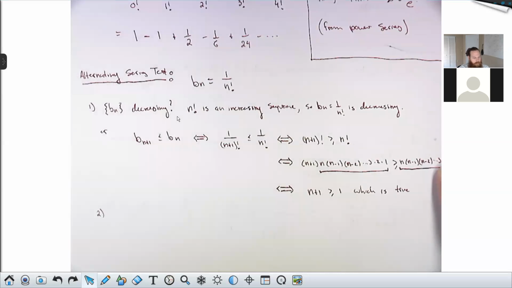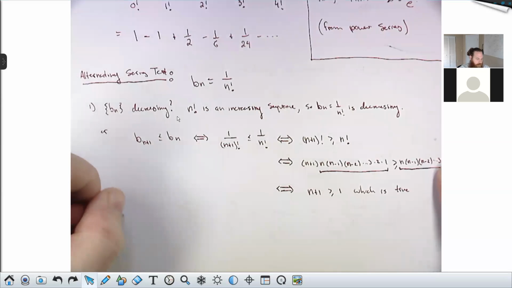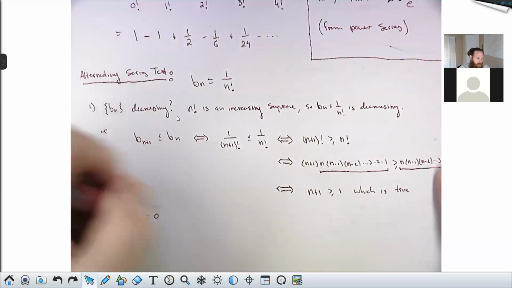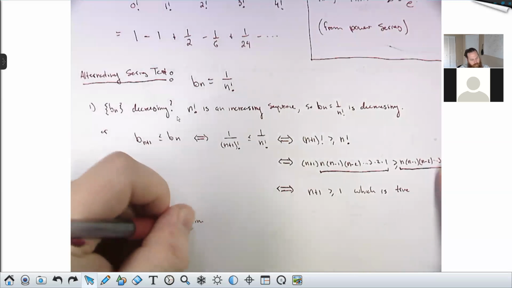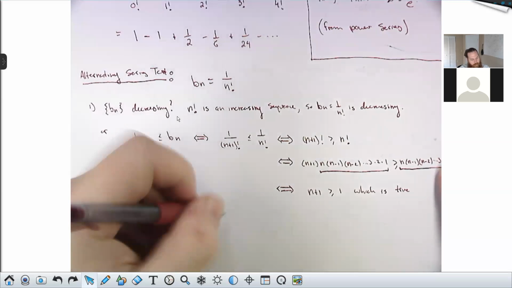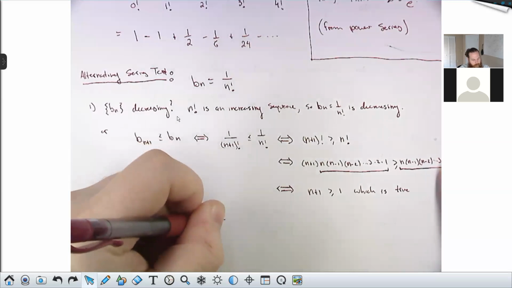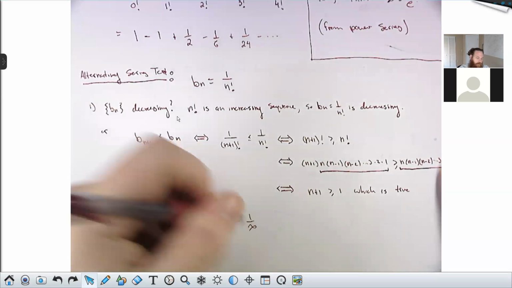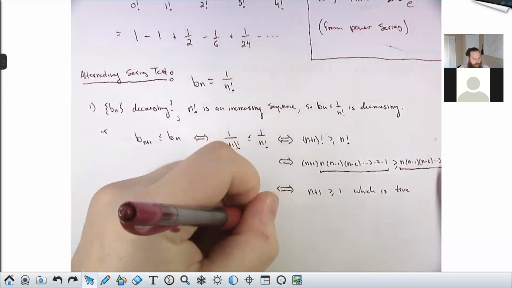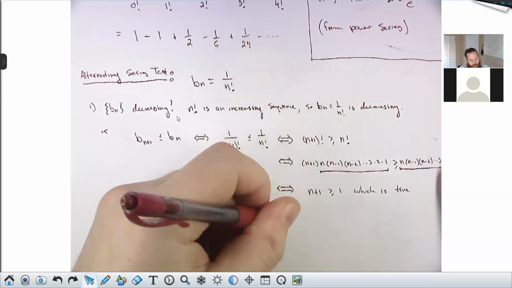The other thing we need to check is that the limit of the Bn is 0. Well, here, the limit of the Bn is the limit as n goes to infinity of 1 over n factorial. N factorial definitely goes to infinity as n goes to infinity. So this is 1 over infinity, which is 0.